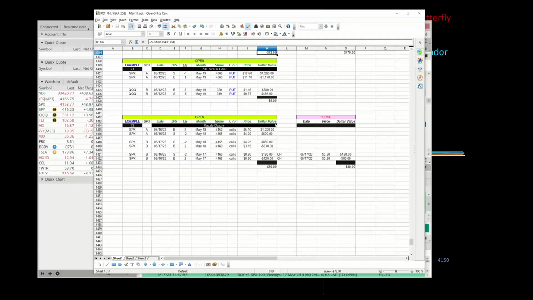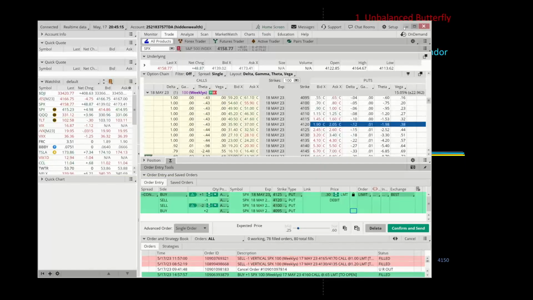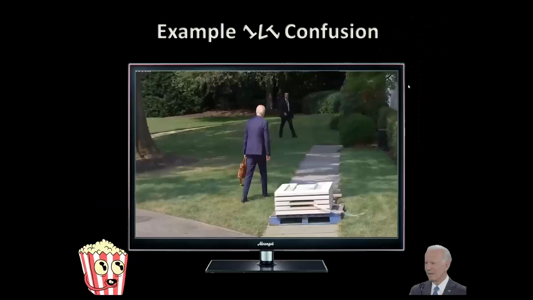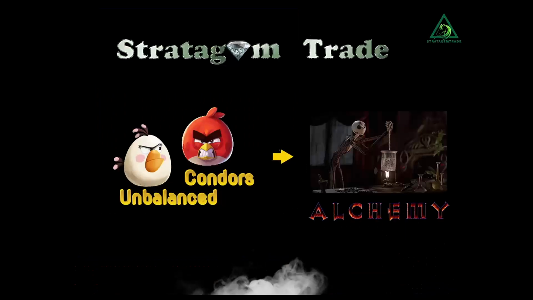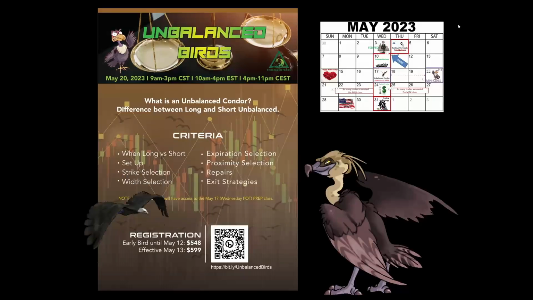Great question, Andrew. Let me get rid of this stuff. So I probably should have been more specific. Now, another question about this class on Saturday is, are they going to be standalone trades or layer spreads?